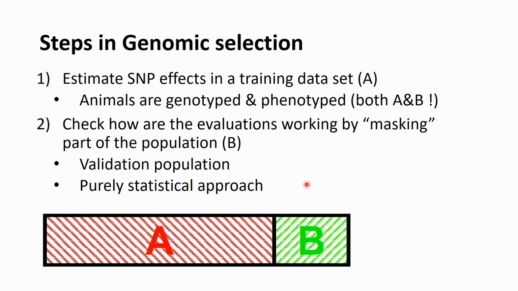So basically what we do is compute the correlation between the genomic breeding values computed based on our genomic selection approaches and the phenotypes that were actually measured. And if these correlations are reasonably high and we are happy how it turned out, we can actually use these SNP effects on other parts of the population, including future generations.